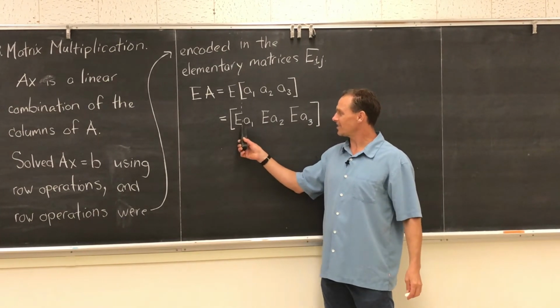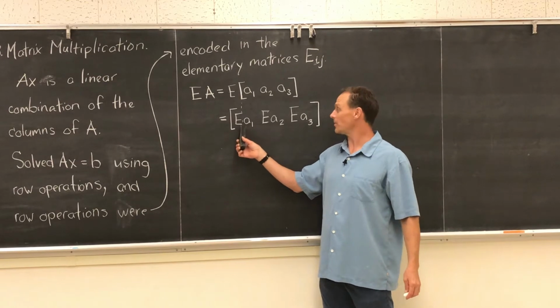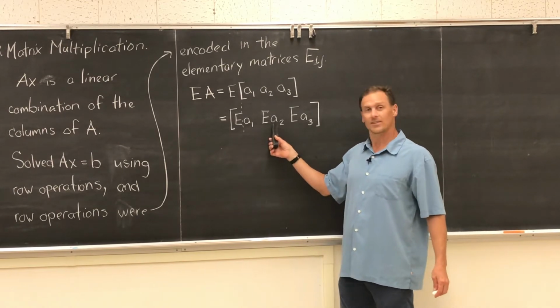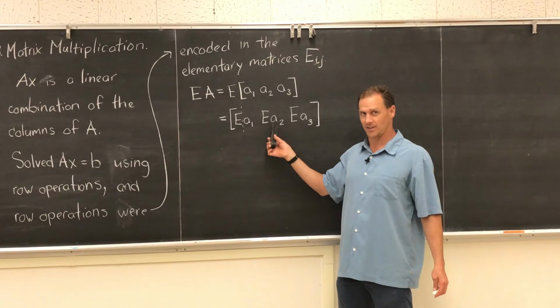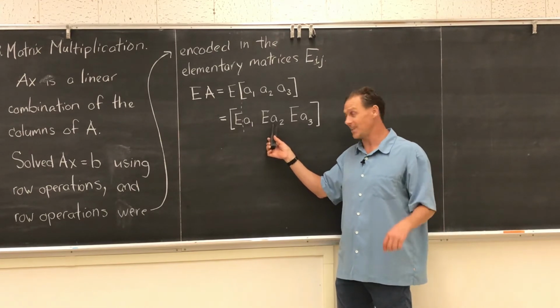Now, what were each of these? This says it's just a linear combination of the columns of E. This is another linear combination of the columns of E, and so on.